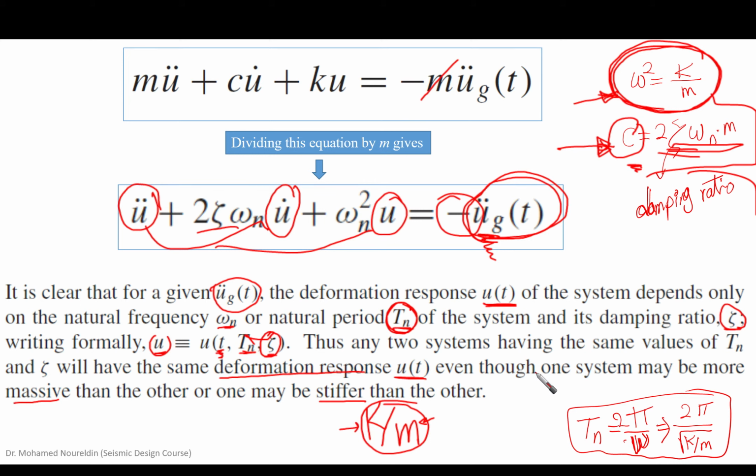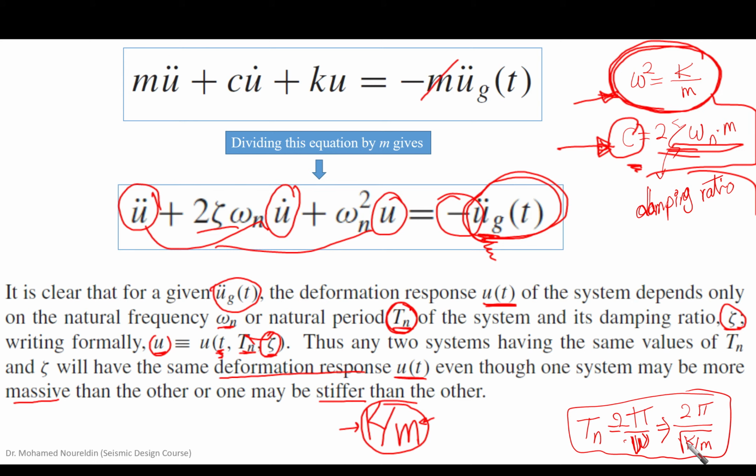If you look at this equation, we have Tn equals 2 pi over omega, and we know that omega squared equals k over m. So here we can say that Tn equals 2 pi over the square root of k over m, stiffness over the mass.